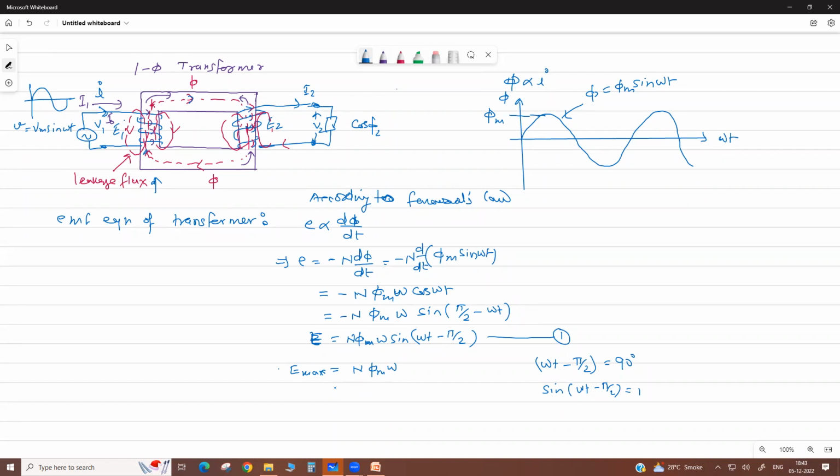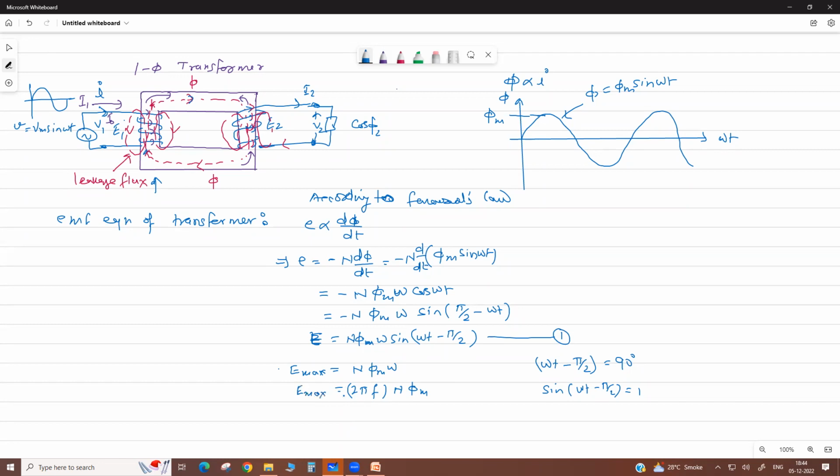Now you know omega is 2 pi f. This is your maximum value.